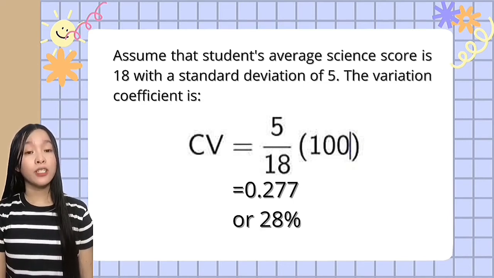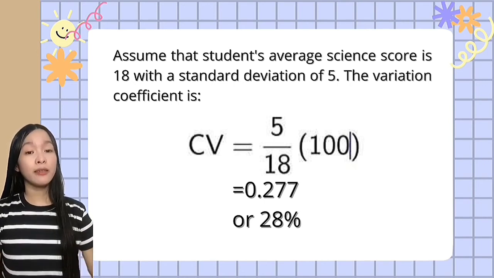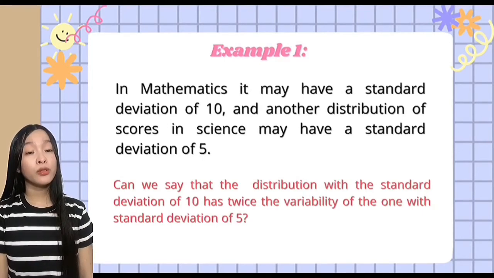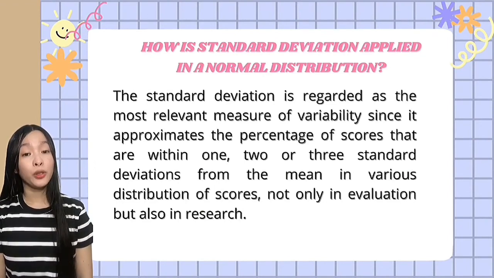The CV is equal to 5 divided by 18 times 100, which is equal to 0.277 or 28%. So, naggamit tayo ng 10 and 5 as the standard deviation of mathematics and science scores. So, dito, we may conclude that the set of mathematics scores is twice as dispersed as the set of science scores.